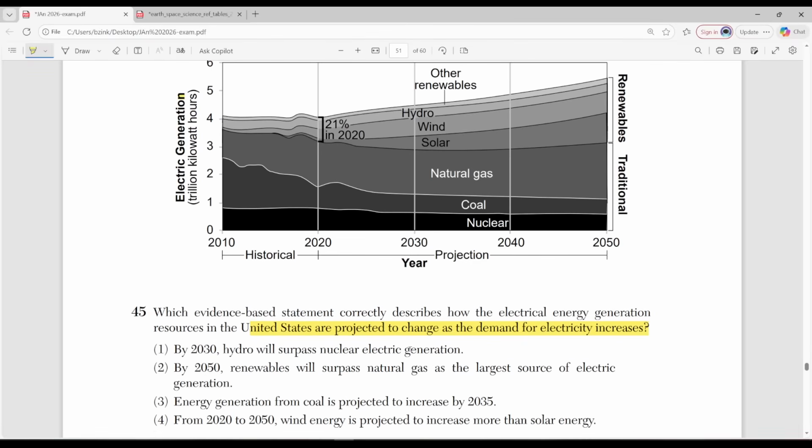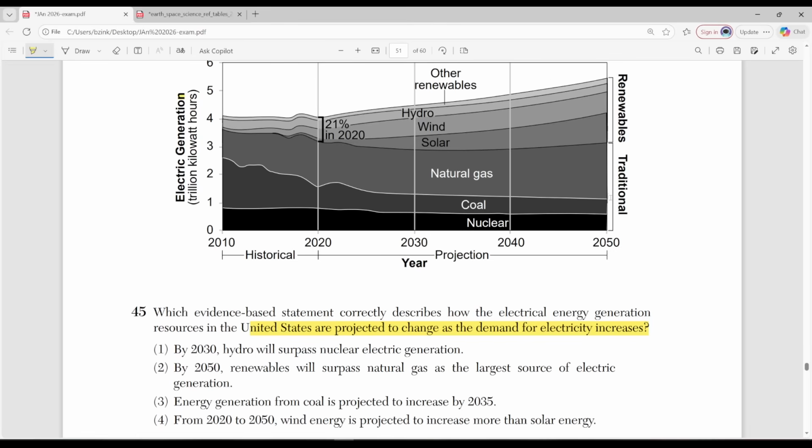It's already surpassed. Nuclear is very low. By 2050, renewables will surpass natural gas as the largest source of electrical generation. It looks like it.